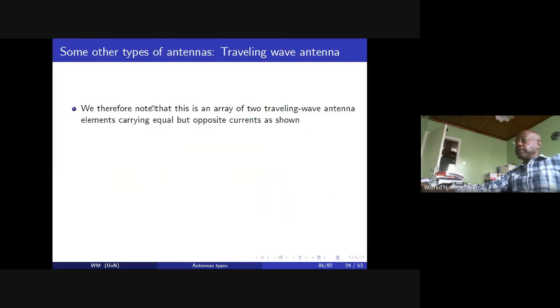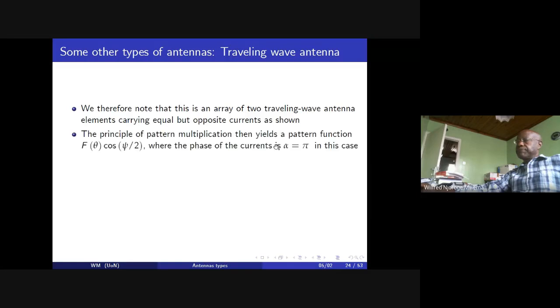So this is therefore an array of two traveling wave antenna elements that are carrying equal but oppositely directed currents as shown in the diagram. So the principle of pattern multiplication will then yield the pattern function of f theta multiplied by the cosine of psi by 2, where the phase of the current is of course given by alpha equal to pi because they are oppositely directed for this particular case.